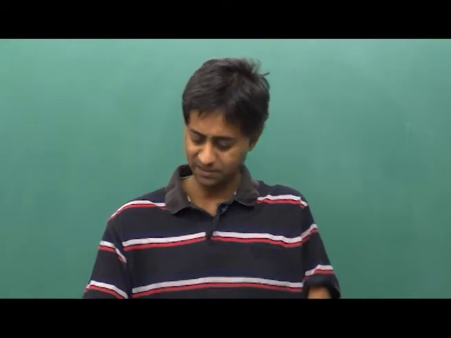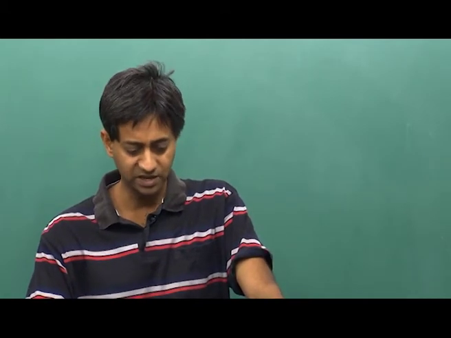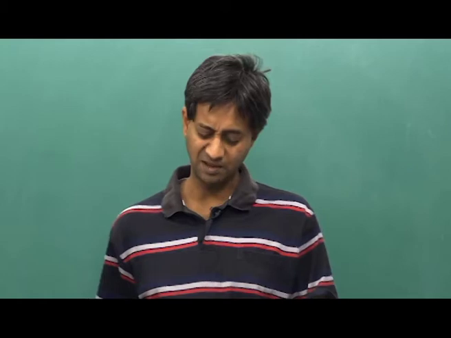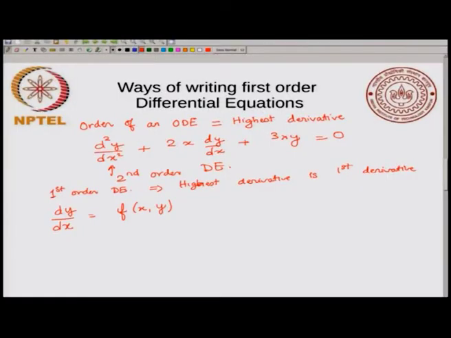You might have a differential equation where you do not write it separately like this. You might write it in this form: some function of x, y and dy by dx equal to 0. So, this is another way of writing differential equations.